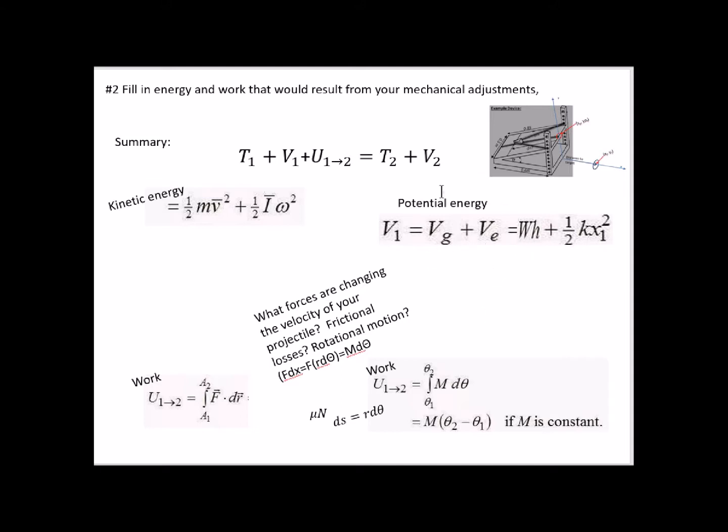So remember, all of these potential energies come from the equation force through some kind of a distance. Let's say you have a mousetrap spring, and instead of some kind of a linear distance, you're rotating through some angle d theta. In that case, dx is r d theta, and you would have force times r d theta.